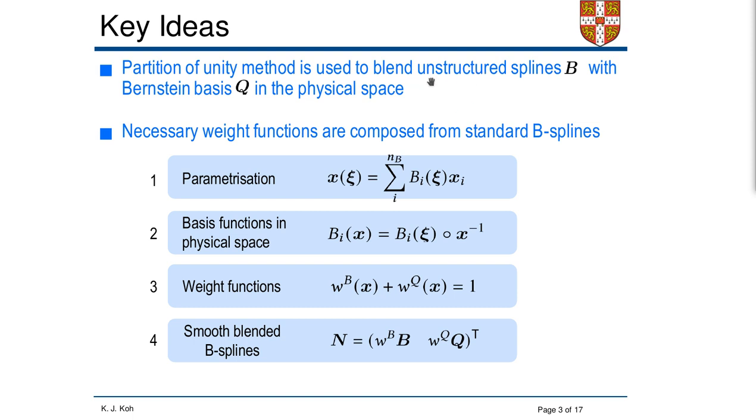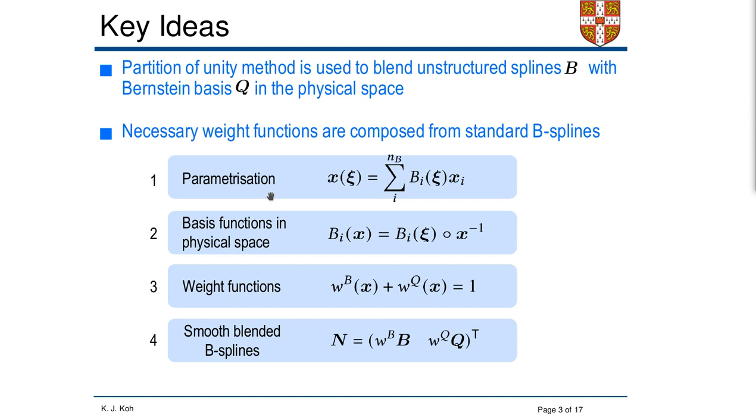The first set is the unstructured splines B, and the second set, the Bernstein basis Q in the physical space. A key novelty of our work is that the weight functions required by the partition of unity method are assembled from standard B-splines. And the procedure is really simple.